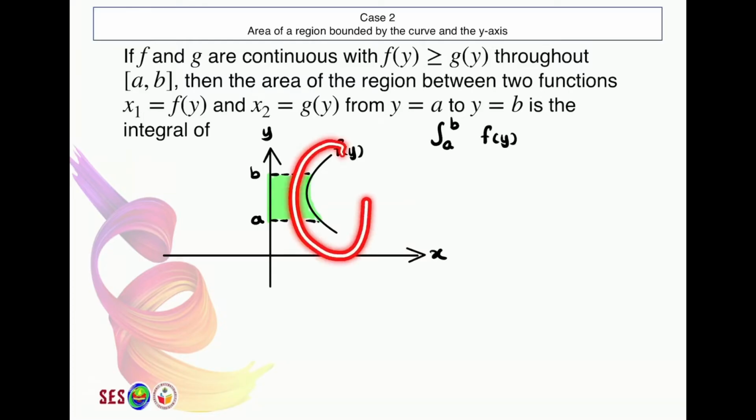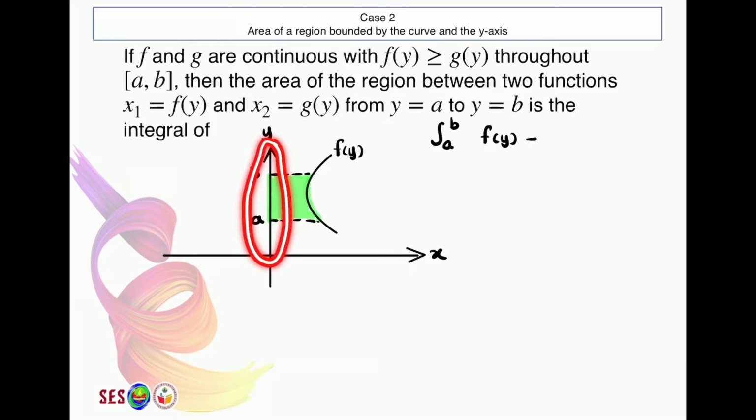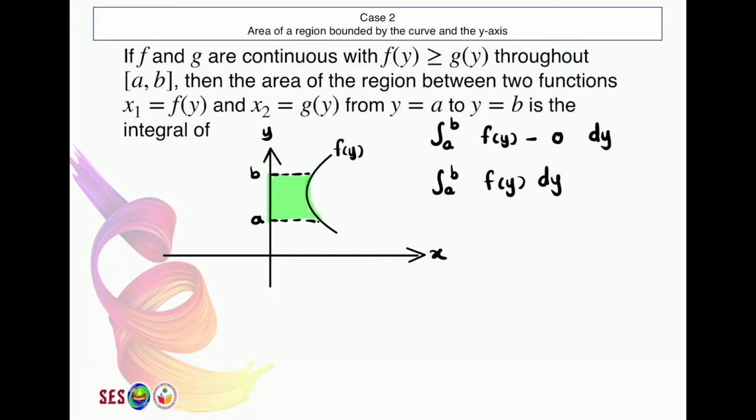This is the function on the right minus the function on the left. The function on the left will be x equals 0, so this will be 0. Integrate them with respect to y. So you'll get the integral from a to b of f(y) dy. Okay, so that is how you find the area.